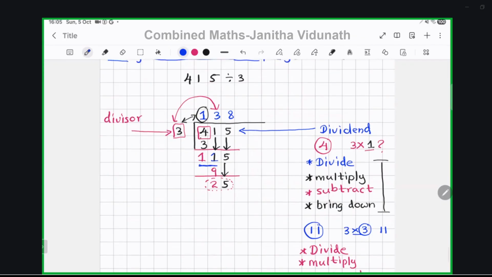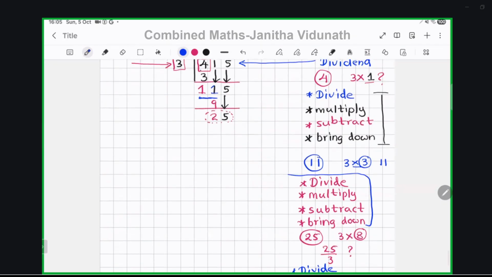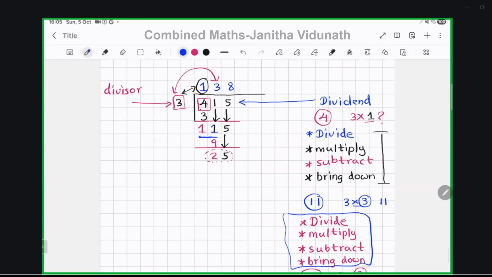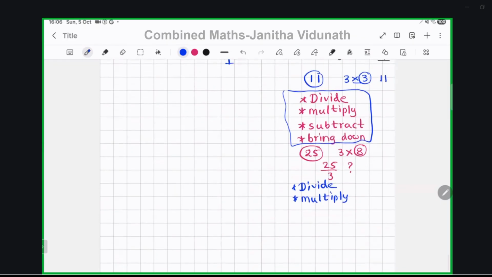Then again, first we do the division. Then we do our second step, multiplication. Simply repeat those 4 steps again and again. Then 3 times 8 is 24. Then we subtract those 2 terms. Then we get 1.